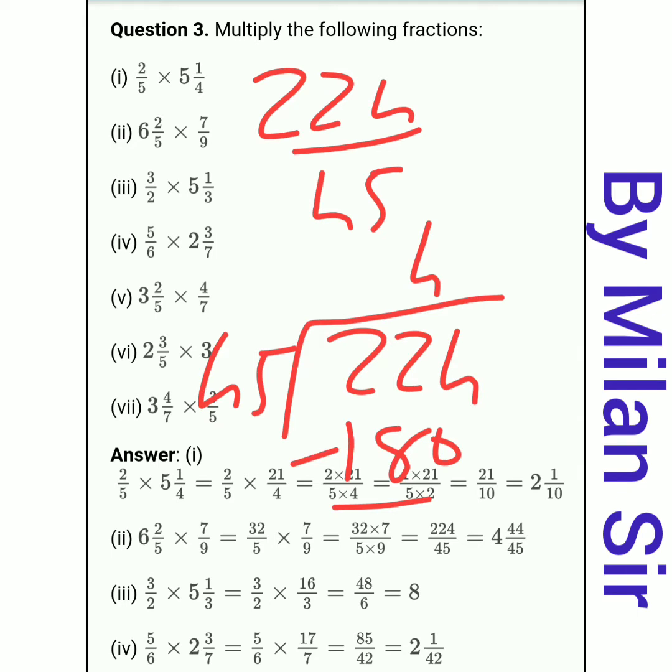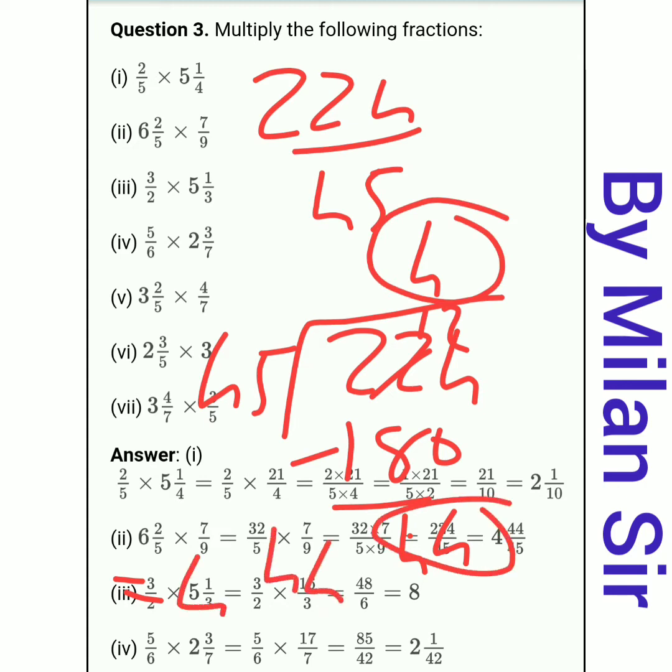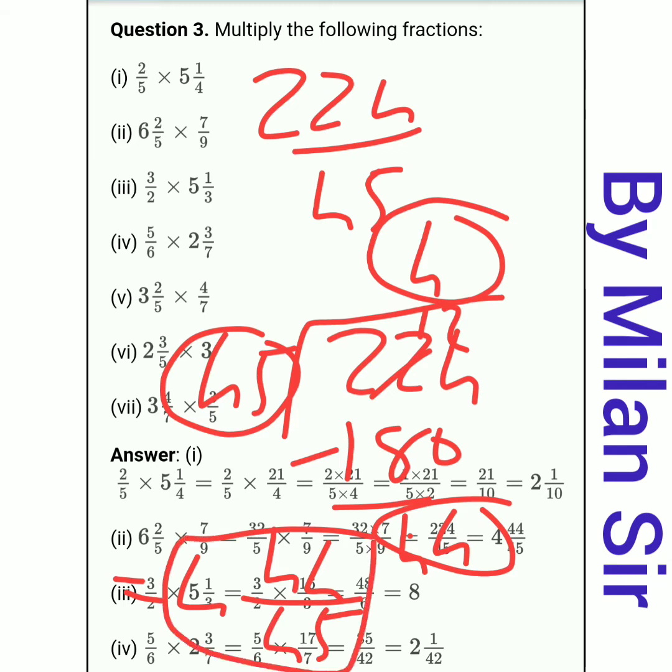And 4 minus 0 is 4, 12 minus 8 is 4, 1 minus 1 is 0, so remainder 44. So how we can write the answer? That is 4 integer, this remainder 44 divided by 45. So 4 integer 44 divided by 45 is our answer.